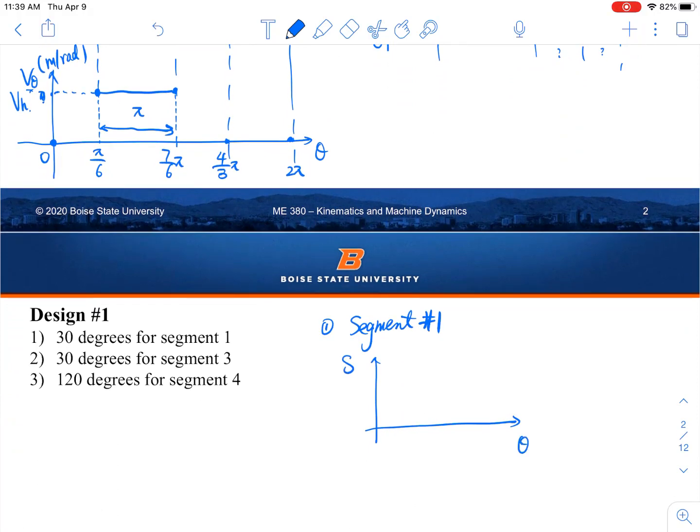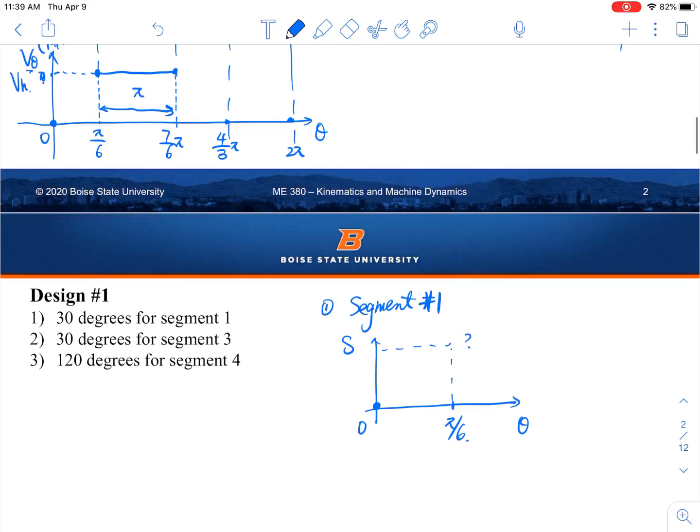Your theta is from 0 to 6 pi. And then we know that it's starting from 0 and is going to end up somewhere, but we don't know where it is. So this point is actually a question mark.